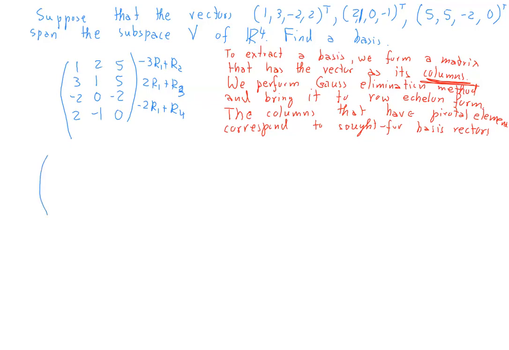So let's see, 1, 2, 5. 0. -6 plus 1 is -5. -15 plus 5, that's -10. Then it's 0. 2 times 2 is 4 plus 0, it's 4. 2 times 5 is 10, minus 2 is 8.